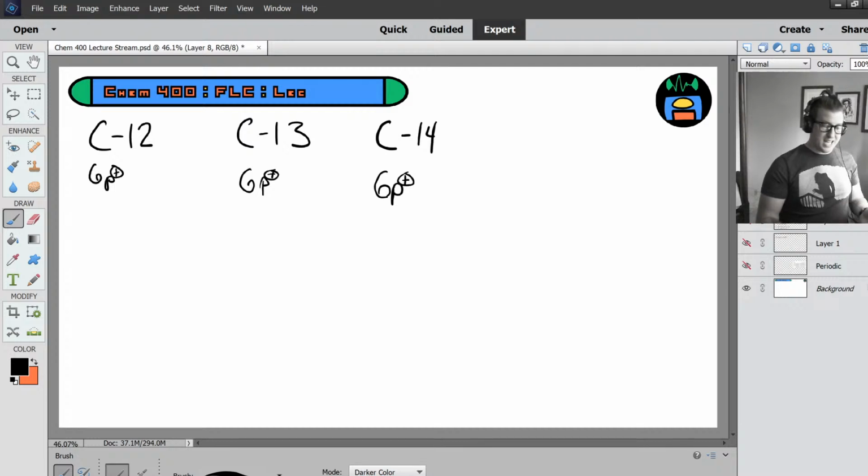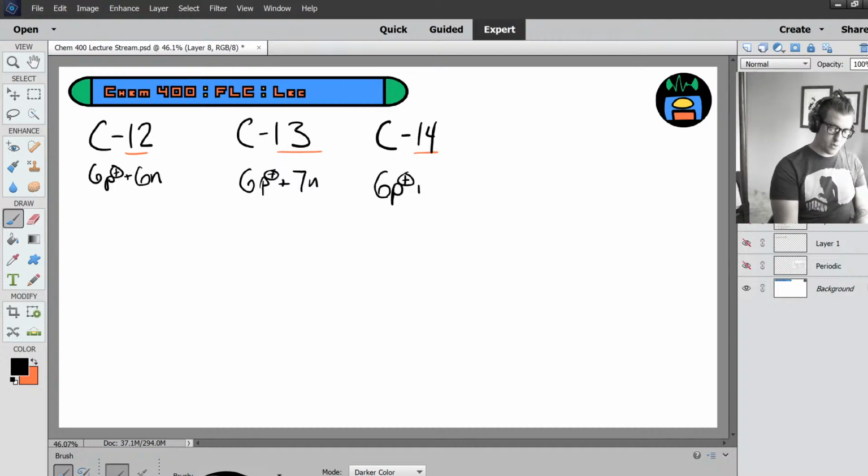And then we've got the mass number up here for each one. So we just subtract our proton count from the mass number to figure out how many neutrons. So carbon-12 has 6 protons and 6 neutrons. Carbon-13, 6 protons and 7 neutrons. Carbon-14, 6 protons, followed by 8 neutrons.